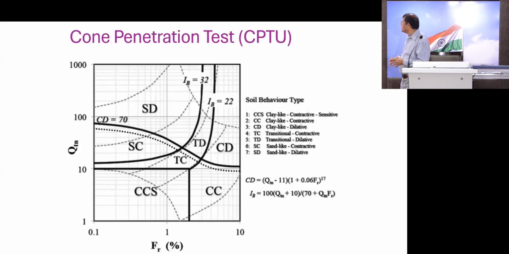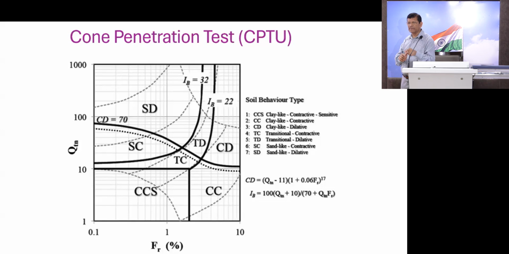So you see that CD equal to 70, that CD is calculated using this formula. If CD is above 70 or below 70, that creates a completely different behavior. What is that behavior? It's called dilative versus contractive.